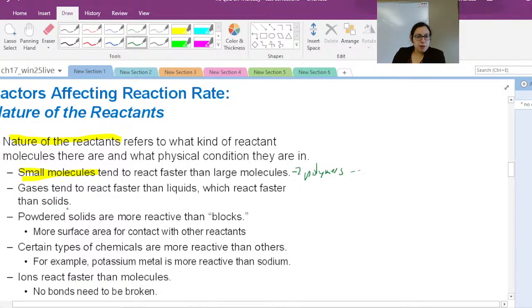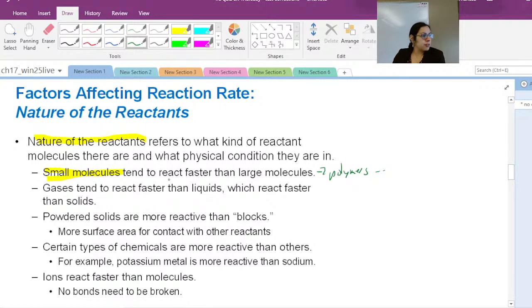And then more for the chemistry relevance back over here. Gases tend to react faster than liquids, which tend to react faster than solids. So again, something to think about with reagent optimization. Is your reagent a big piece of solid? Is it a gas that you have to bubble through? Is it a liquid?